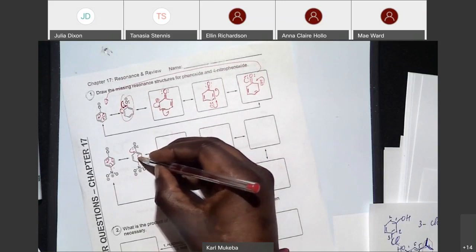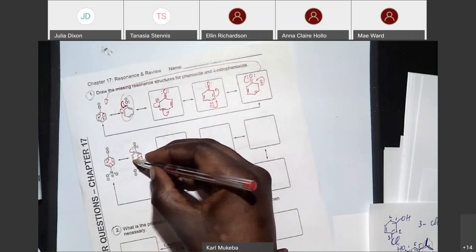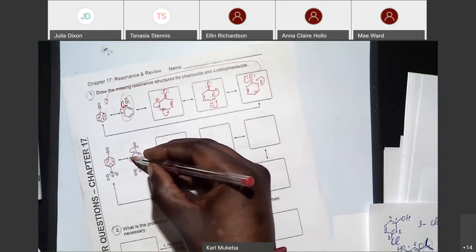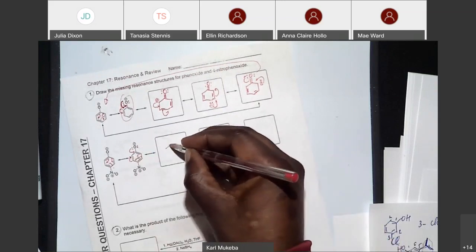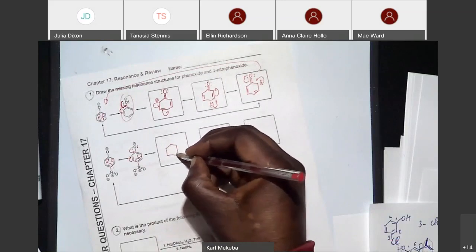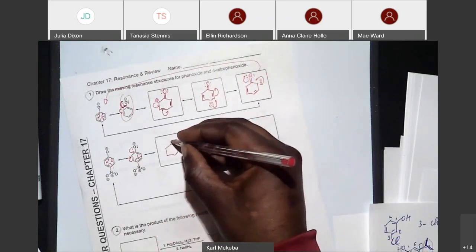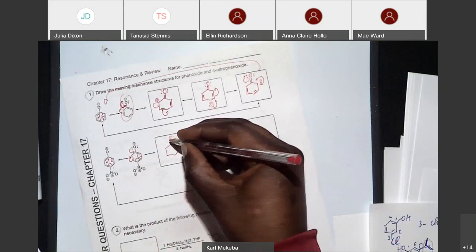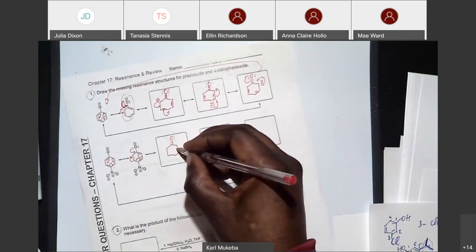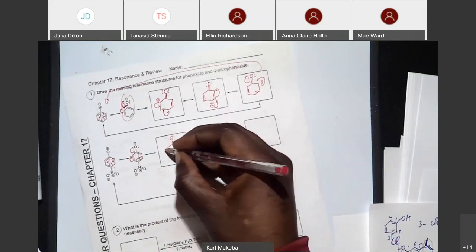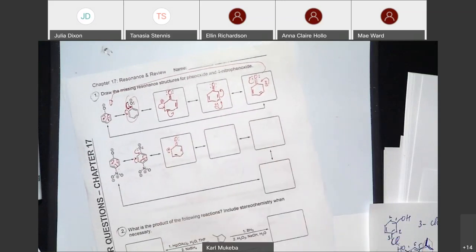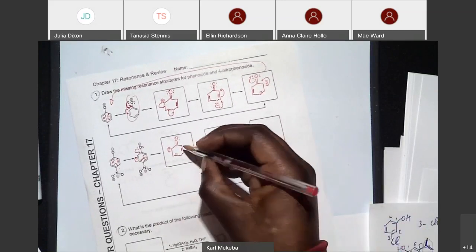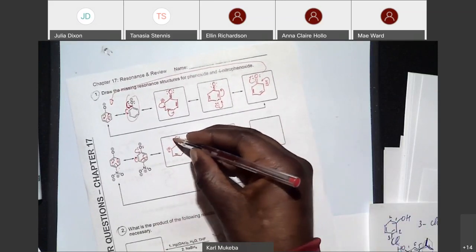It's going this way. Does that make sense? And then we do something like we did a moment ago.